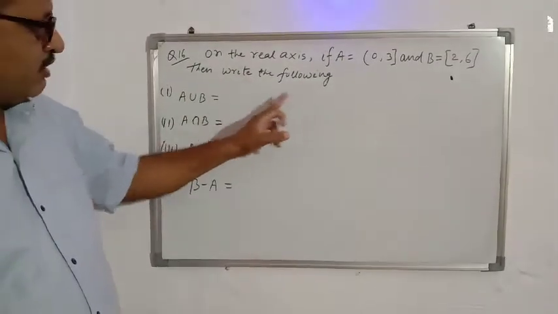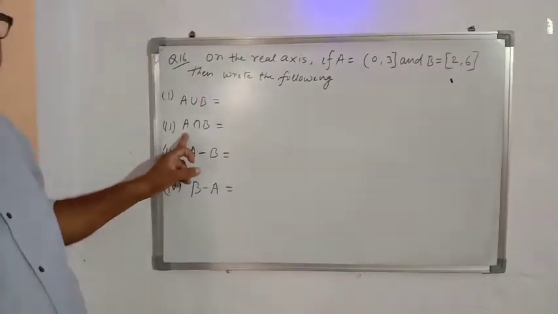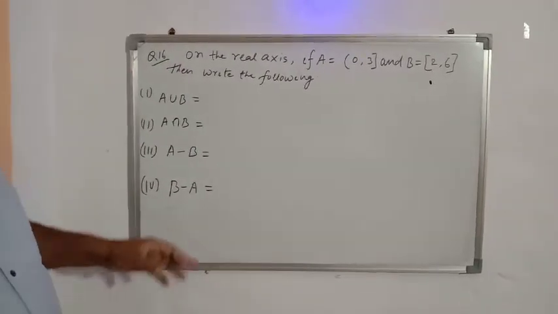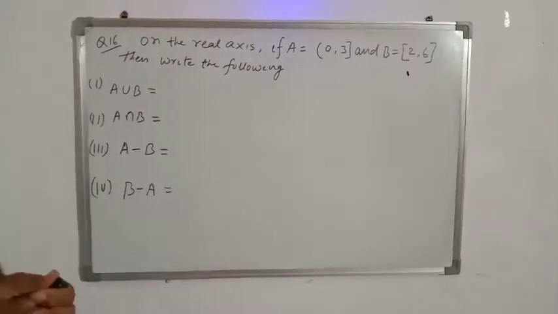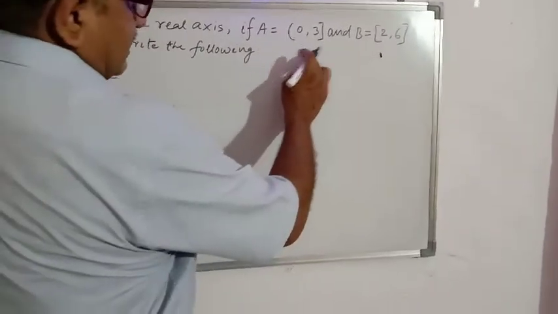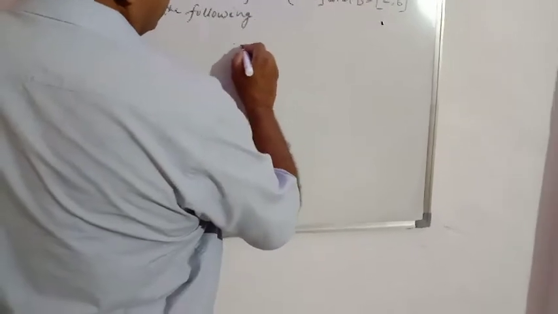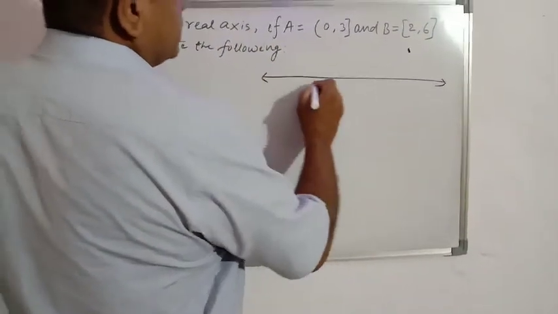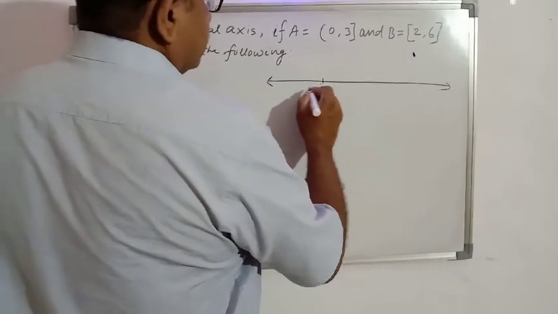Then write the following: A union B, A intersection B, A minus B, and B minus A. So we have to write this. Firstly we will draw the real number line for set A and set B. This is the real number line. It is 0.